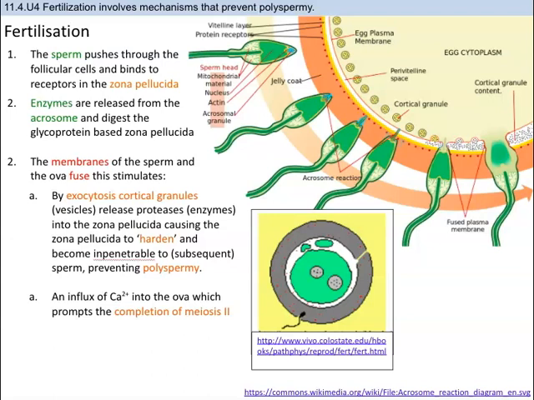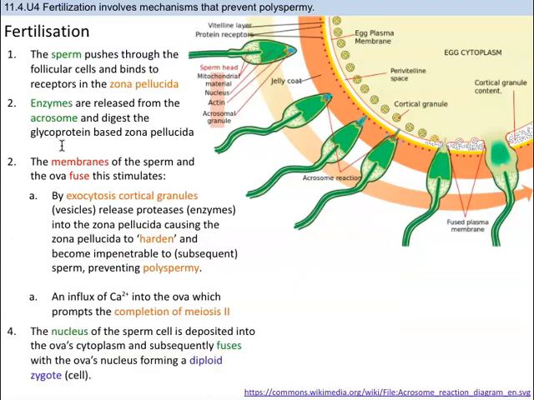If more than one are entering, then there's not going to be a successful fertilization. Here you can see the membrane of the sperm and ova fuse. This does stimulate exocytosis of these cortical granules that then cause a hardening of that zona pellucida.